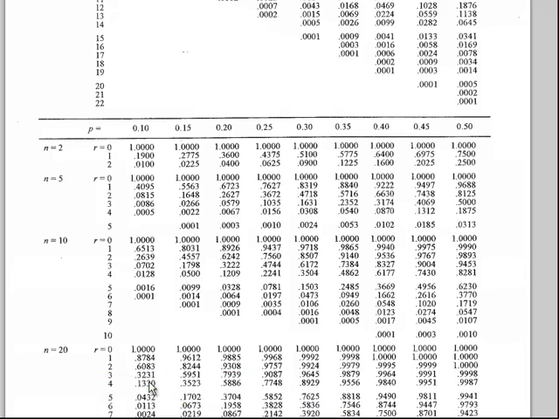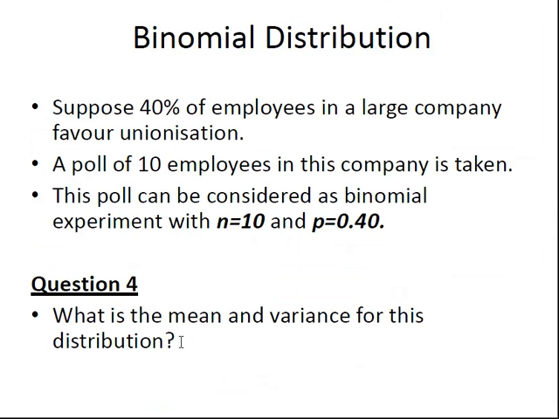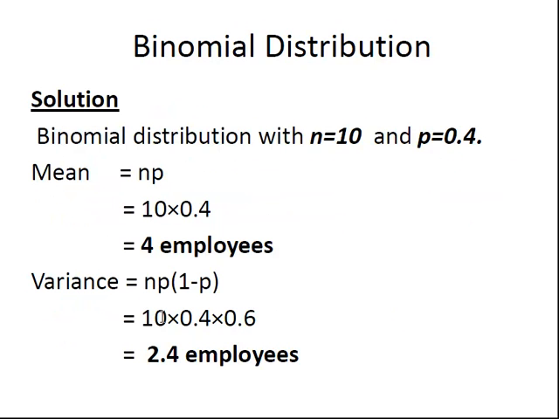And finally, what is the mean and the variance of this distribution? That's not a question that is relevant to the tables. The binomial mean is given by n times p. Here it's 10 times 0.4, which is 4 employees.